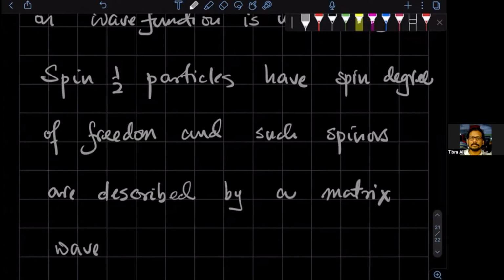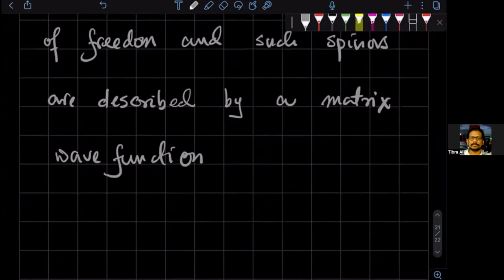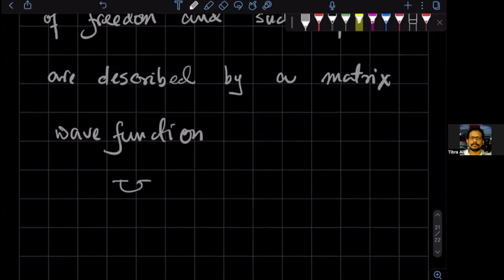So you have some two-dimensional matrix with psi1 and psi2.